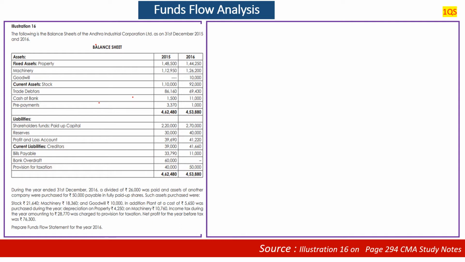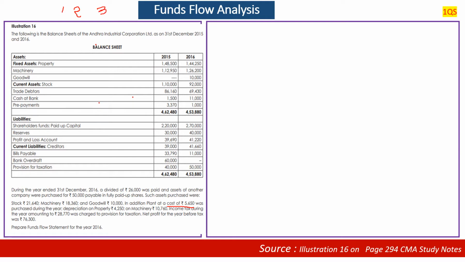This particular problem is from page 294 under illustration 16, and this problem has got three unique features. One, there is purchase of fixed assets by making bank payment. Number two, there is purchase of assets of another company by issuing share capital, and the assets include both current assets and fixed assets.